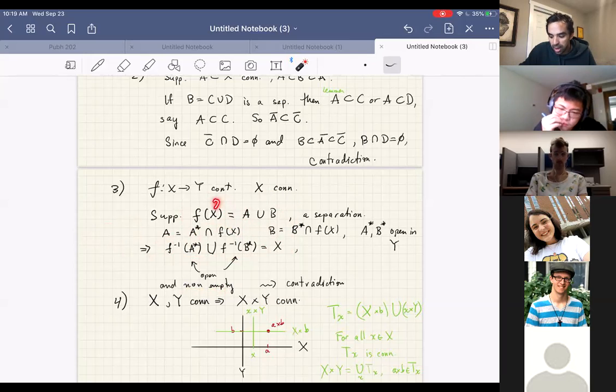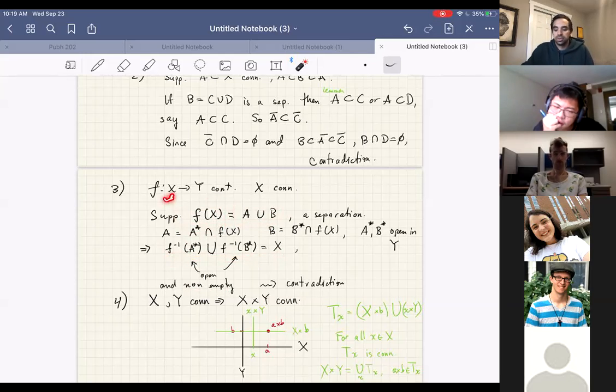So I will obtain X in all of its inverse image, because this union is exactly the image of X. And this leads to a contradiction because this would give a separation of X, and we assumed that X was connected.